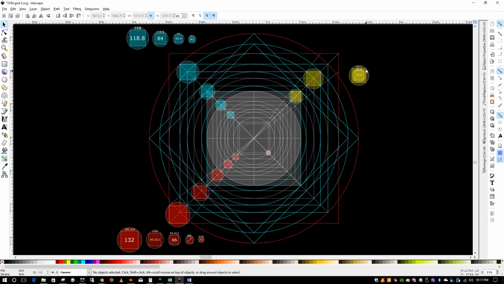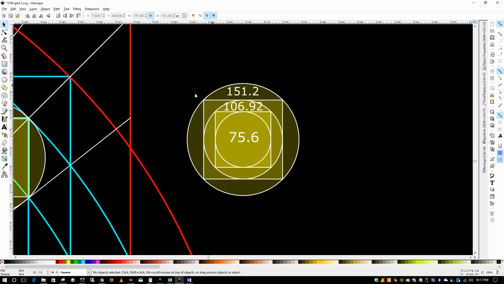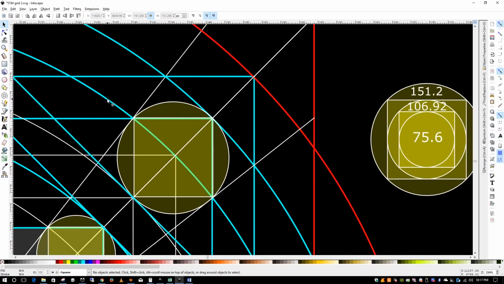For example, these ratios, the 151.2, which came out as a result of taking the square root of phi and multiplying it times 0.1188, the ratio of that, which gives us 151.2. And 151.2 times 10 is 1512, which is twice the size of the Great Pyramid's side length, which is 756.